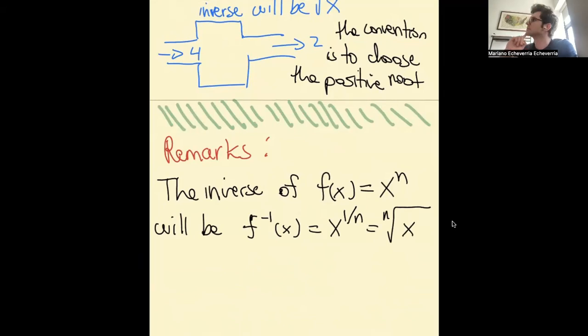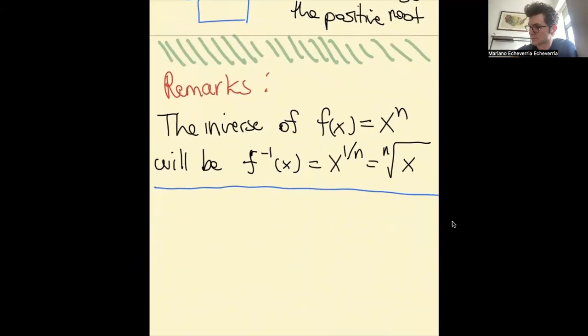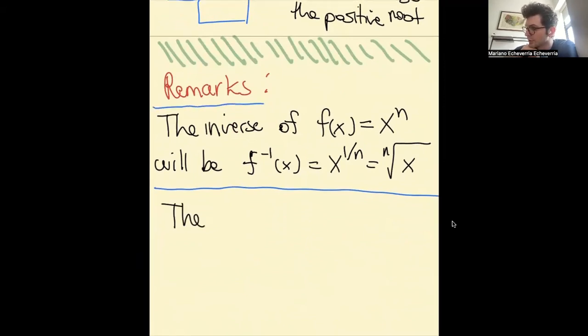Okay, that's one important inverse to know.